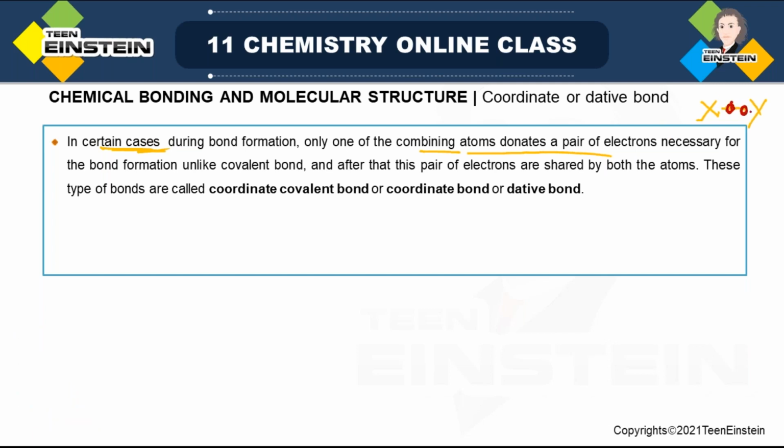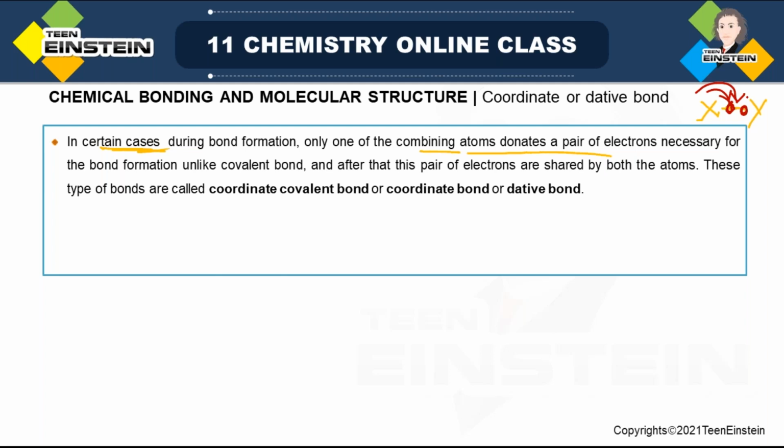Now in covalent bond, one electron is donated by X and another electron by Y. But in this case, the difference is both the electrons are donated by the same element, X. Once it is donated, these 2 electrons are shared equally between X and Y. Now the situation is just like covalent, but initially both the electrons are donated by a single atom. After that, it behaves like a covalent bond.